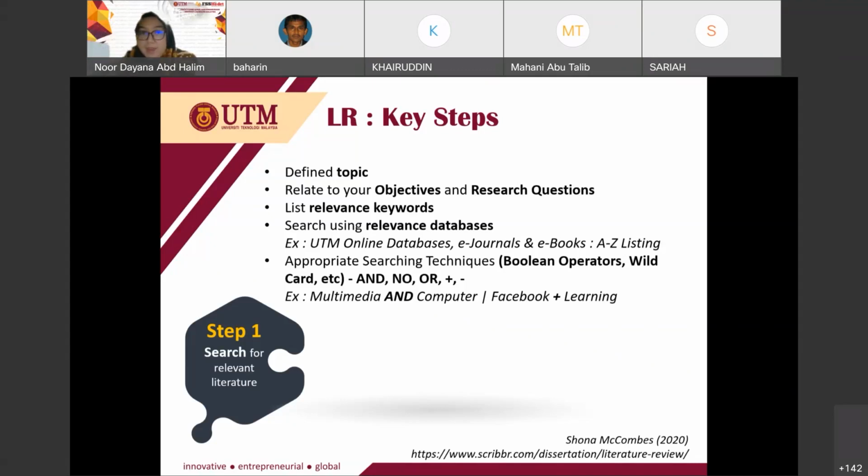So I use the AND word here, or plus here, Facebook plus learning. You can use these Boolean operators to narrow down the findings from Google and so on.